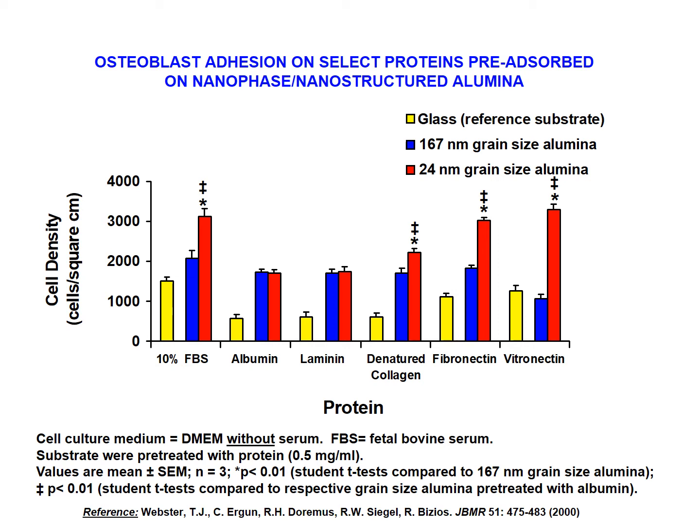These results provided evidence that certain proteins are involved in mediating the adhesive interaction of osteoblasts on substrates. Specific proteins mediate the adhesive interaction of specific cells of certain tissues in the body.